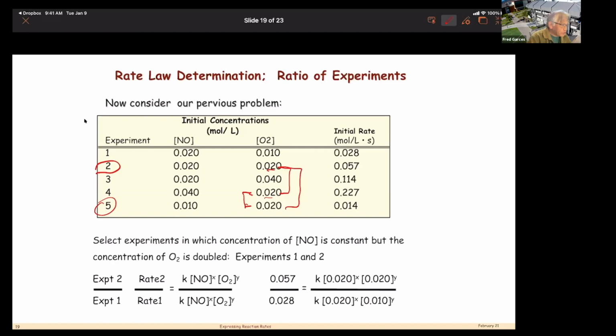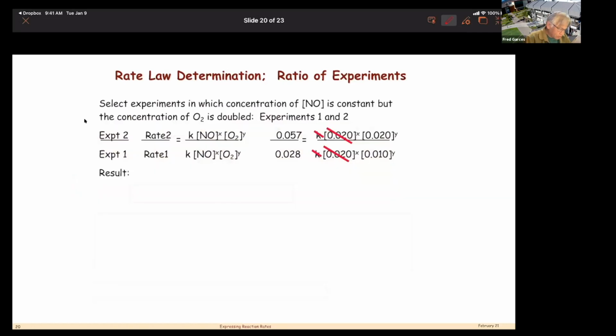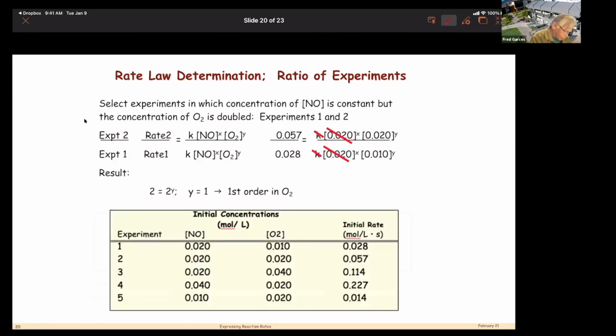What you see here is that the oxygen will not play a role in the change of the rate because they're the same. It's only the concentration change of NO that plays a role. So again, we're going to pick 2 and 5.